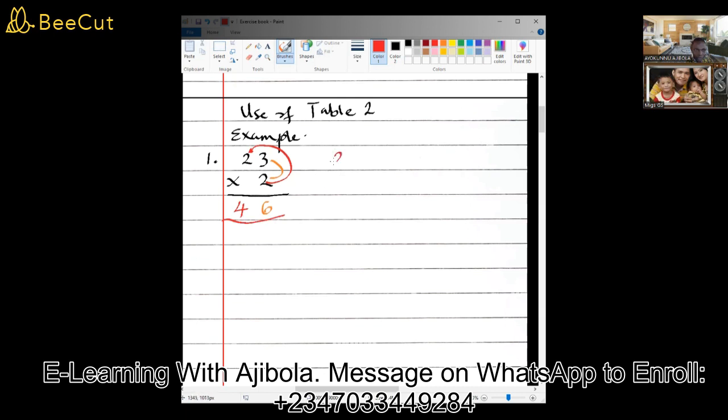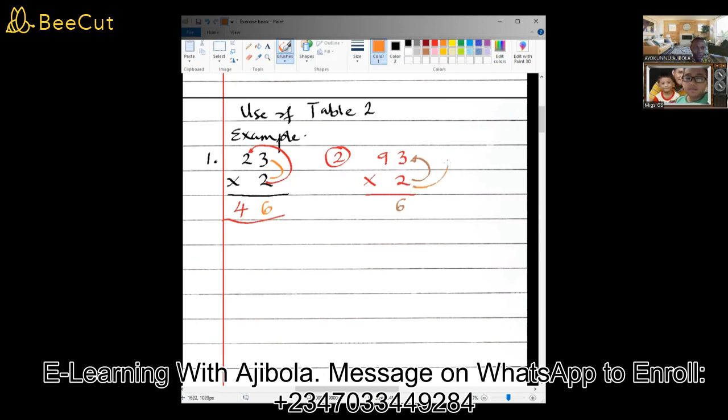Let's do 1 or 2 more before we round up. So let us assume you have 93 times 2. 93 is a big number that we want to multiply by 2, but we can still use table 2. So 2 times 3 is what? 6.